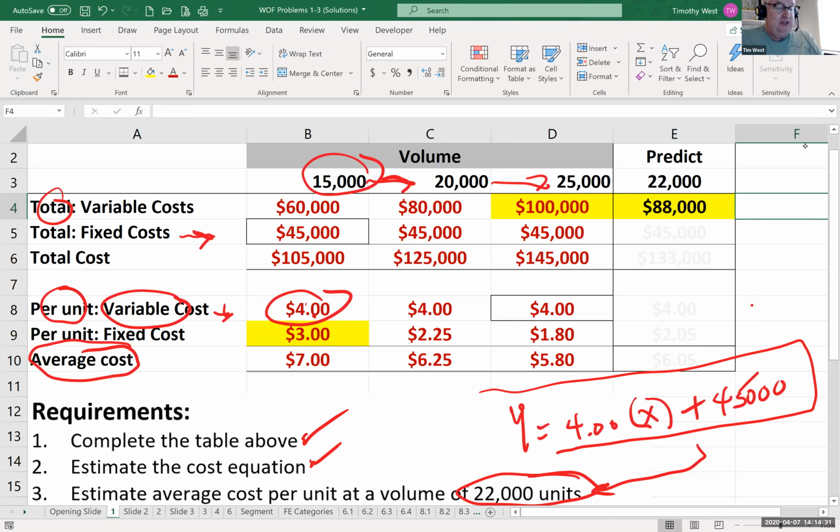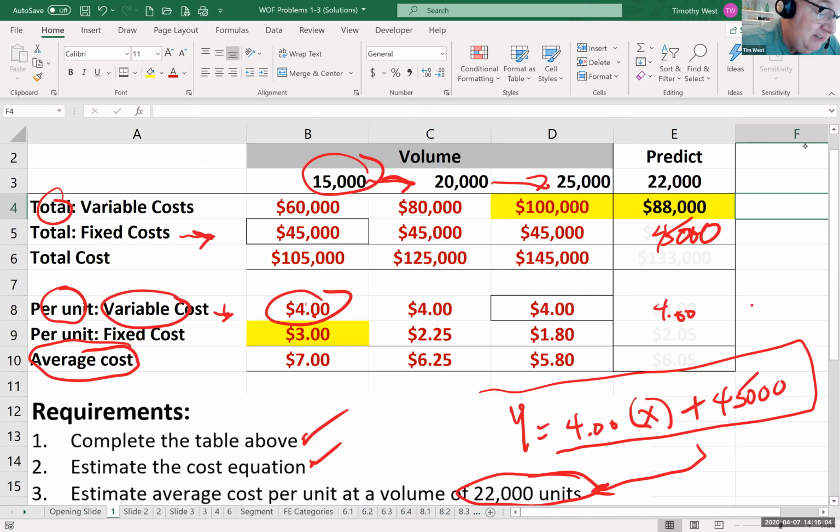So Matt, why don't you tell me a little bit about how to predict the costs? So what do I know? Well, you'll know that the per unit variable cost is going to be the same because it's always the same, and also the total fixed cost will be the same. So you just take the total fixed cost and divide it by the volume to get the per unit fixed cost.